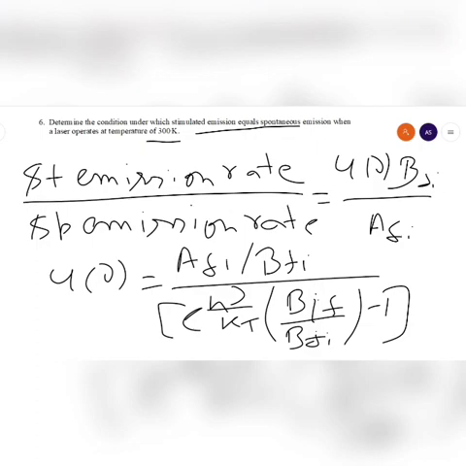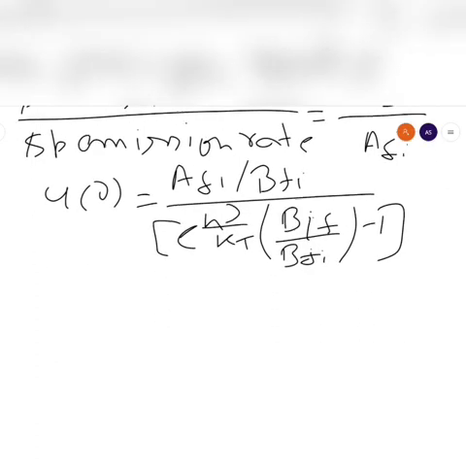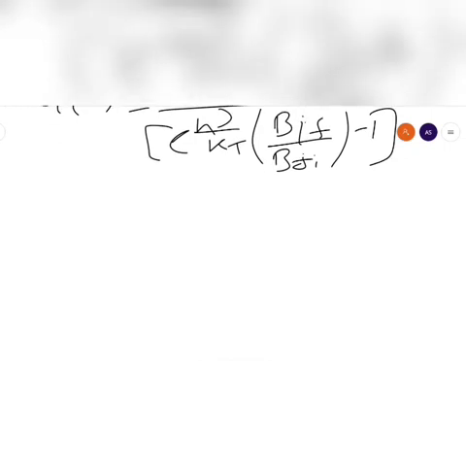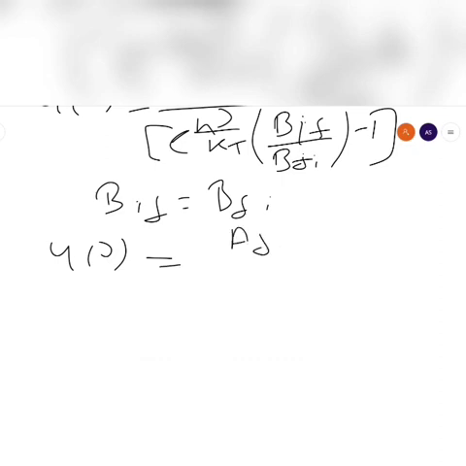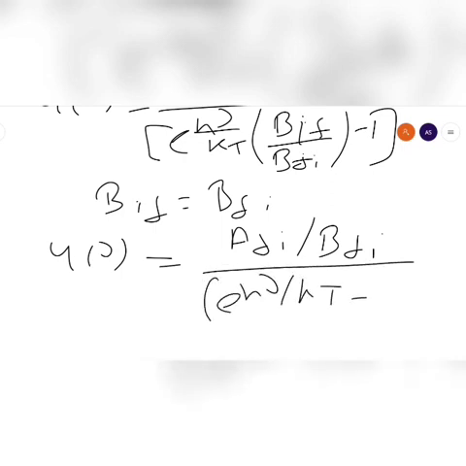You know very well. And also you know from the Einstein relation B_if is equal to B_fi. You can write the photon density in the form of A_fi and B_fi is equal to 1 upon e to the power h nu by kT minus 1.